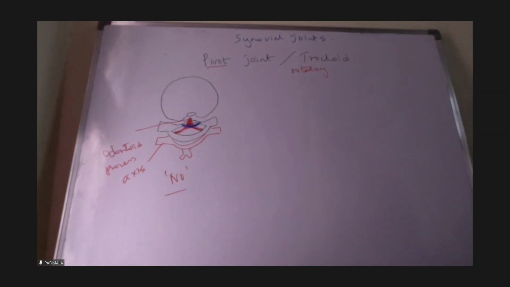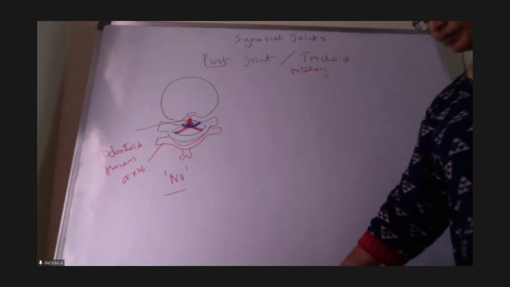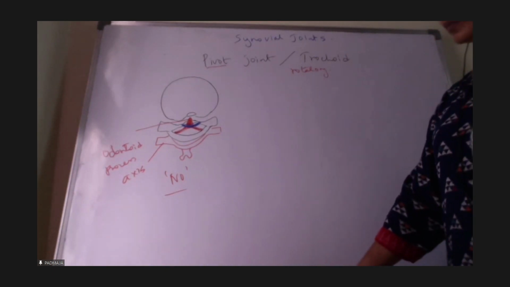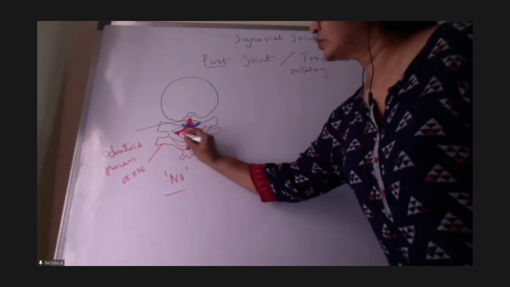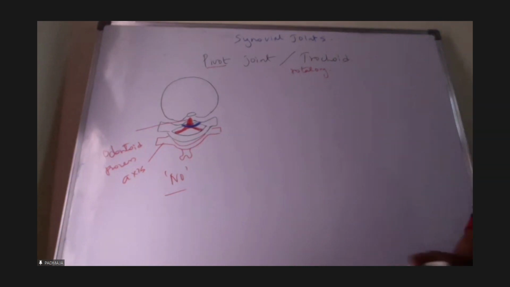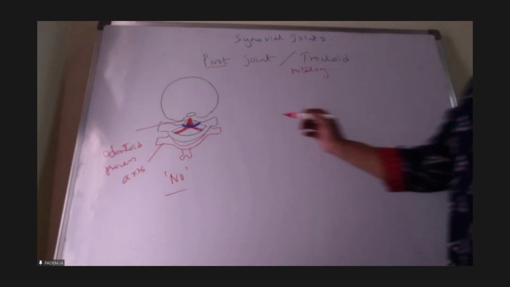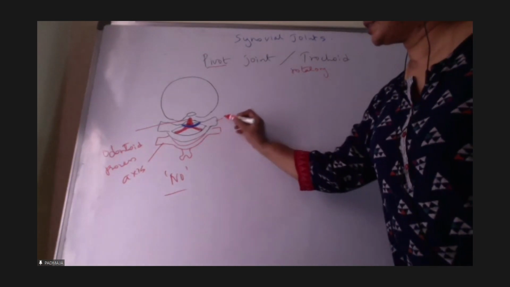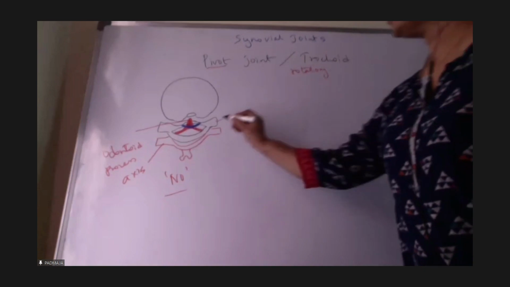So rotation around the long axis. Keep that aside. Next. So it is atlantoaxial because here atlas is participating and axis is participating.